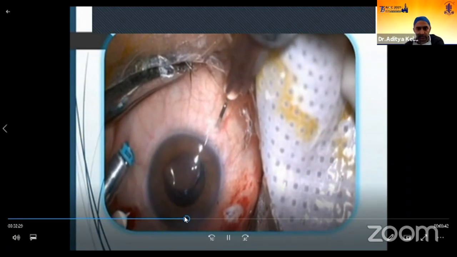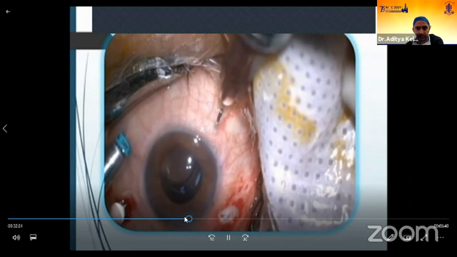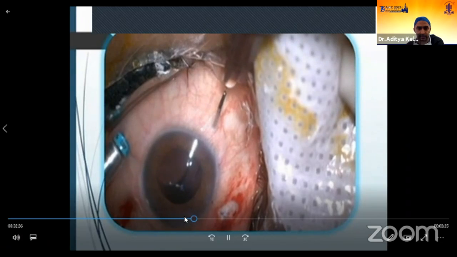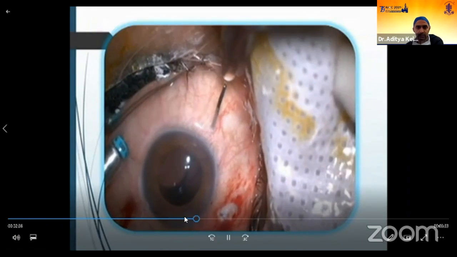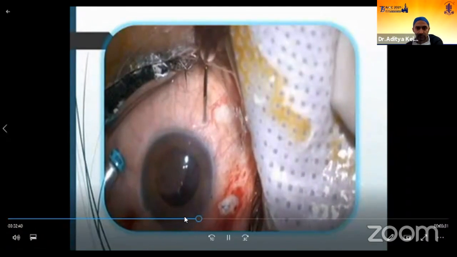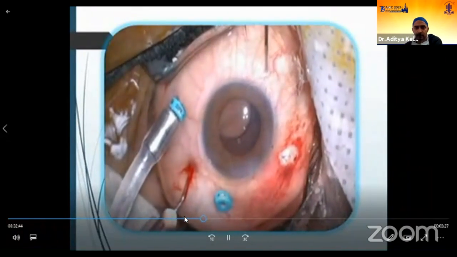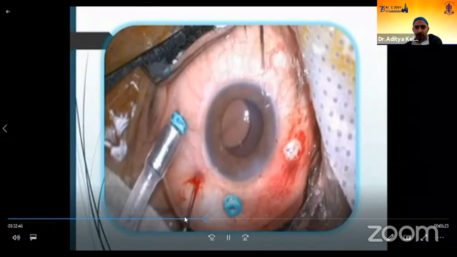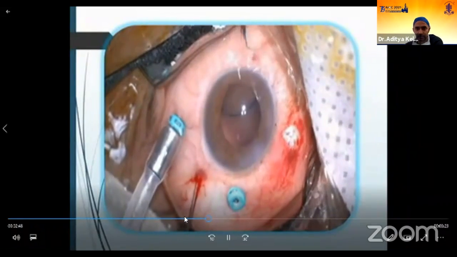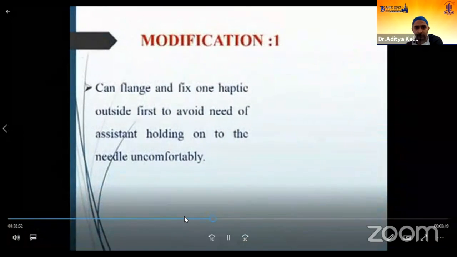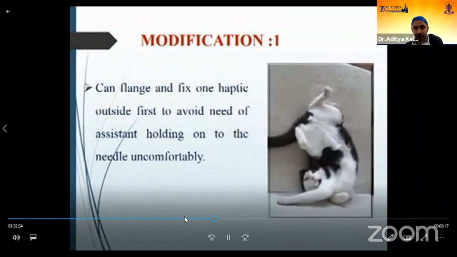So we have also engaged the haptics simultaneously in the 26 gauge needle. And while we try to bring the haptics out, the lens slips inside. If it happens with one haptic it is fine, but if it happens with both the haptics, then there's always a risk that an anterior segment surgeon may have to call a retina surgeon on the table.